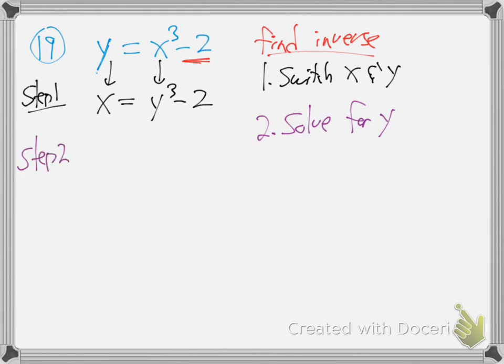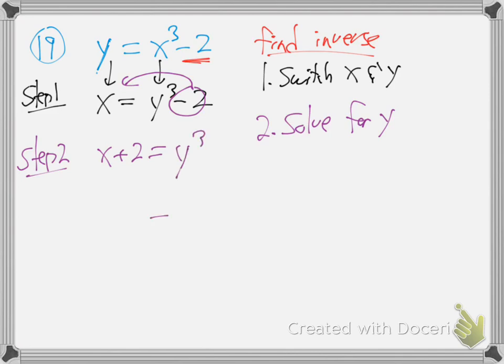So now we'll come down here to step 2, and we'll solve for y. I'll give you a second. Can you get y alone there? Can you solve for y? So I'm going to grab that minus 2 and jump it, the same thing as adding 2 to both sides.